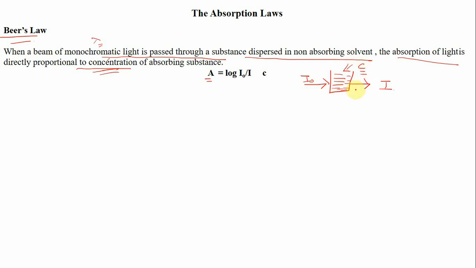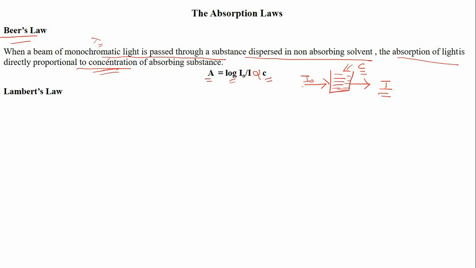The more the concentration, the more the absorbance. So your absorbance, which is also given as the logarithm of I naught upon I, where I naught is the incident light and I is the outgoing light, is directly proportional to the concentration of the absorbing substance. So this law is called Beer's law.